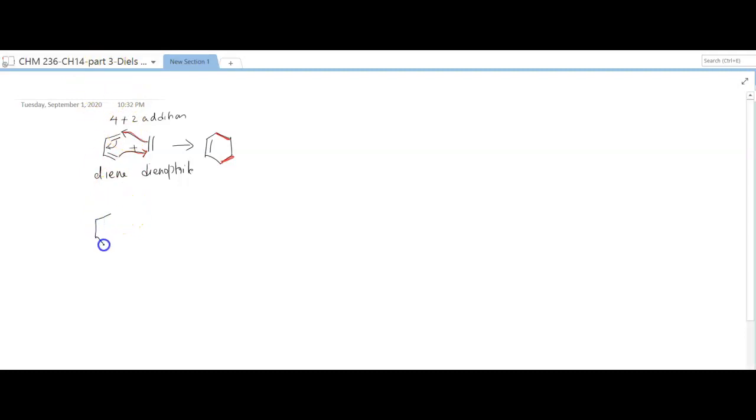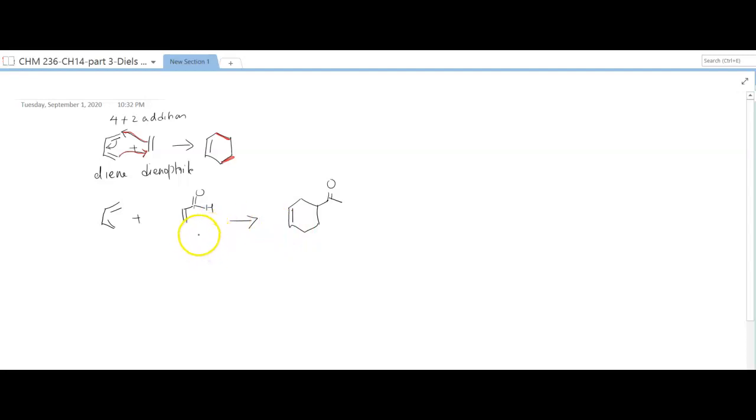So I have 1,3-butadiene again, reacting with a dienophile which has a group attached to it, which is an aldehyde group. There are hydrogens here, which I need not draw. If you have a reaction like this, what would be the product? Again, a cyclic structure, a cyclohexene, now with the group attached to the carbon atom here.